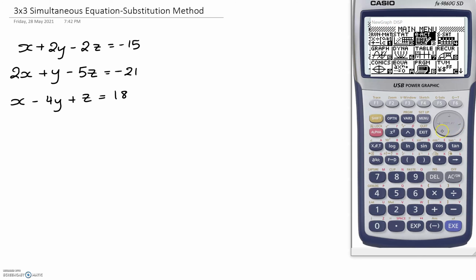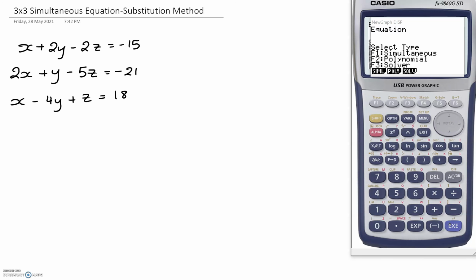if I go down to the equation part there, and if you just go F1 simultaneous and number of unknowns is 3, and you put this equation in this form, so if you see it's ax plus by plus cz equals d, and our equations are written in that form. So x is a coefficient of 1, and there's 2y, negative 2z, and it equals negative 15.